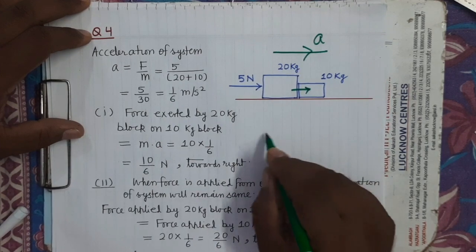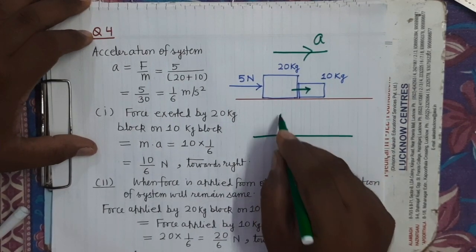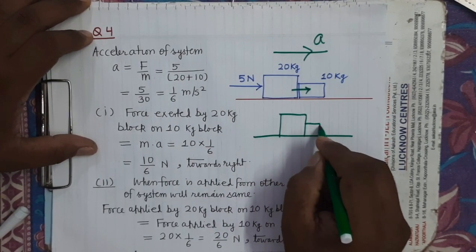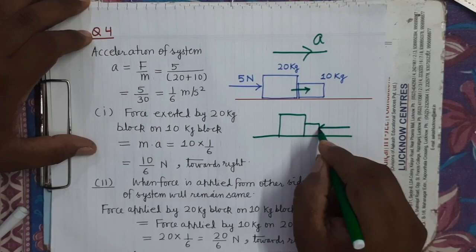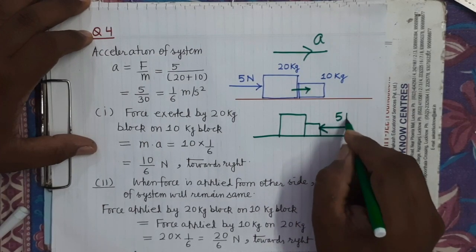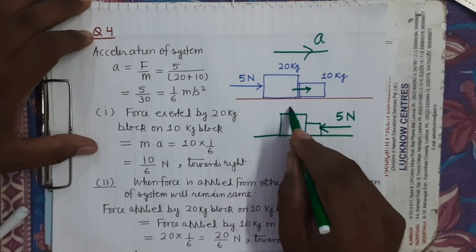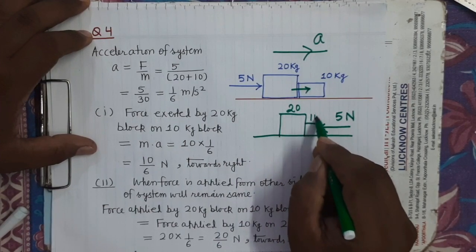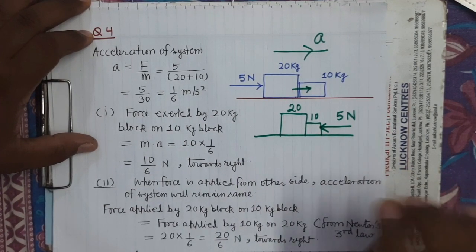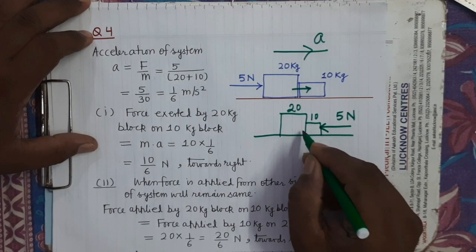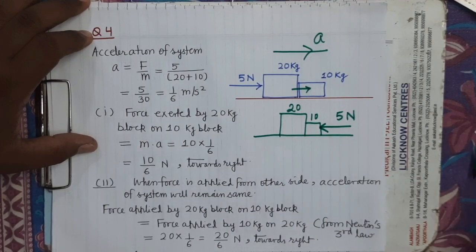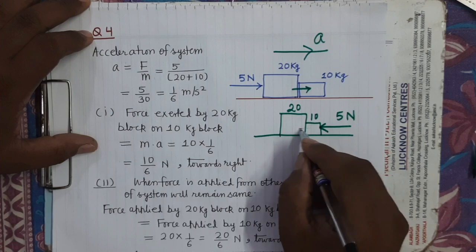Now if you apply the same force from the other side, then what will be the force which the 20 kg block exerts on the 10 kg block? That you have to determine.